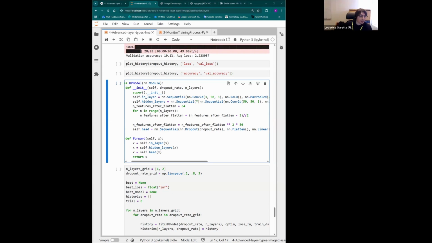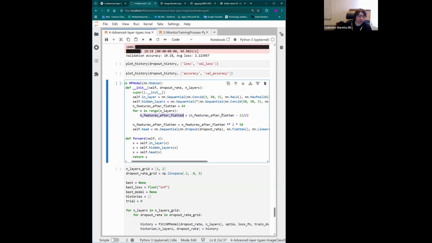And by the way, there is a question in HackMD. How do we compute the size of the dense layer after flatten? Well, here is the formula. If you know how many convolution layers you have and how many pooling layers you have, you can actually compute how many features you will have at the end.